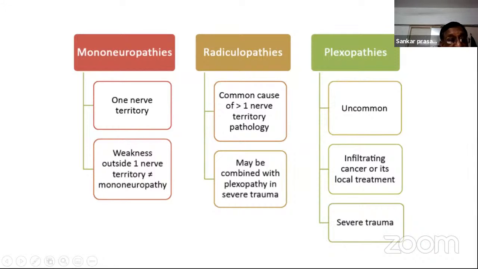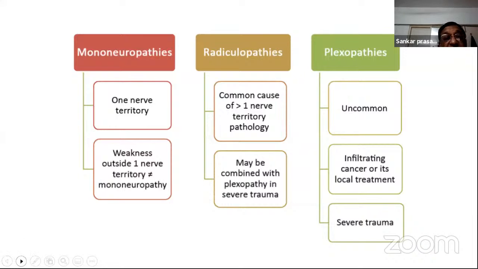So you should know the nerves and the muscles they supply completely. A common cause of more than one nerve territory pathology is radiculopathy, which may be combined with plexopathy in severe trauma and diabetes. The plexopathies are by and large uncommon. Infiltrating cancer or its local treatment with radiotherapy can cause plexopathies, and severe trauma can cause plexopathies.